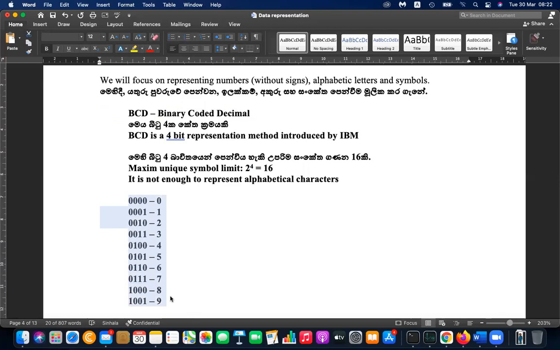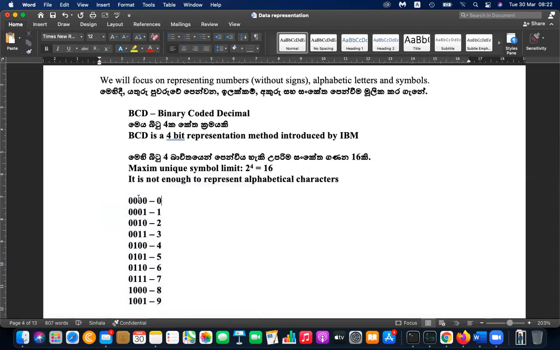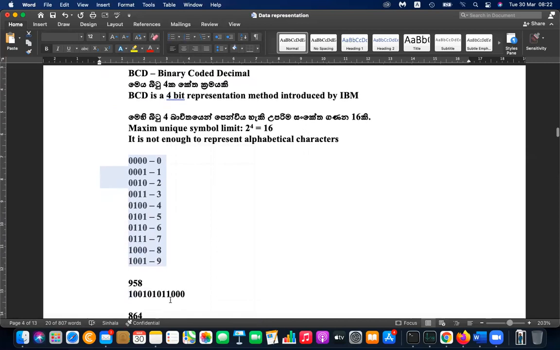So why is this done? Because when you store a number in a program, in software, or in a data structure, when the computer sees a number like 958, it will refer to the table. 9 means 1001, 5 means 0101, and 8 means 1000.